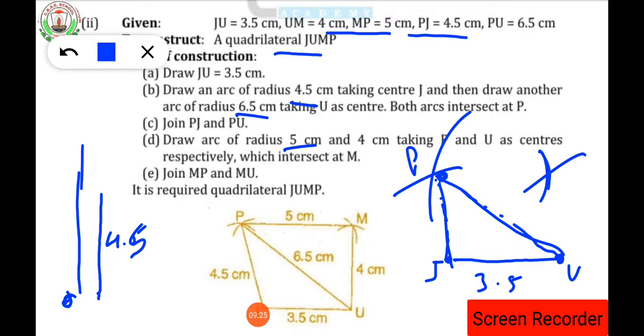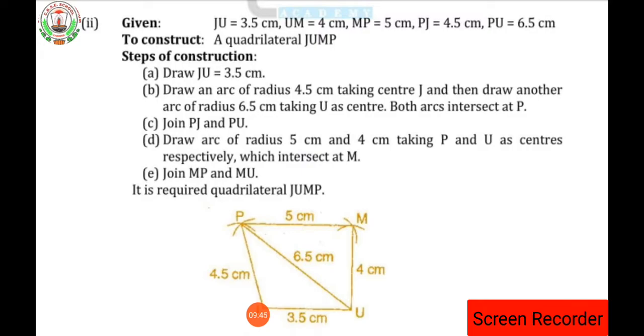Okay, then you will get this arc. Then the same way on the mouth of your rounder you have to measure 4 centimeter and keep the rounder needle at point U. Draw another arc so that the first arc will get cancelled. Now join it. Okay, so this one you will get as your required solution.